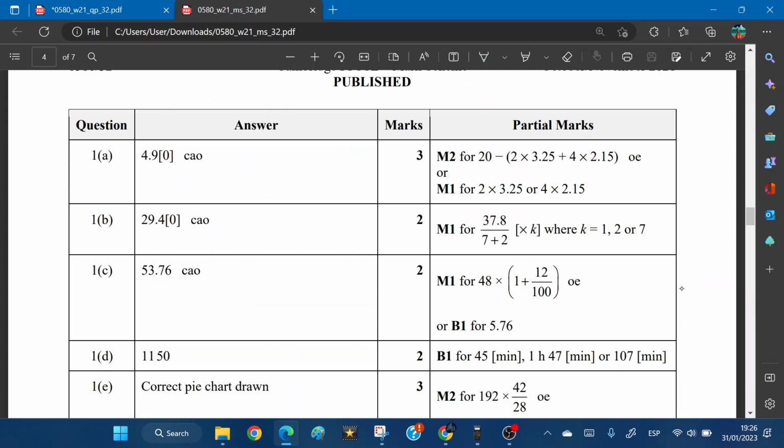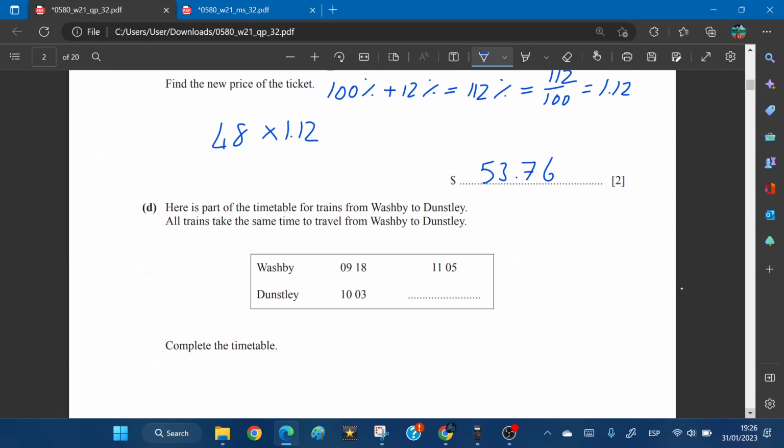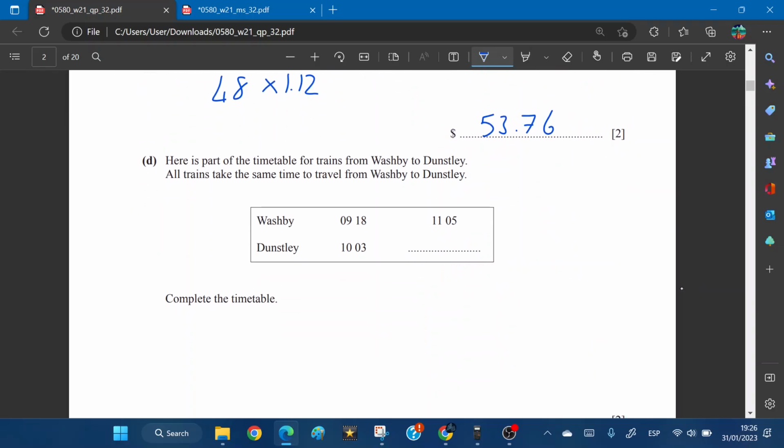Okay, yeah, that's right. So you see all this big part here is just what I said, 1.12. So you just can type 48 times 1.12, and I give you full marks.